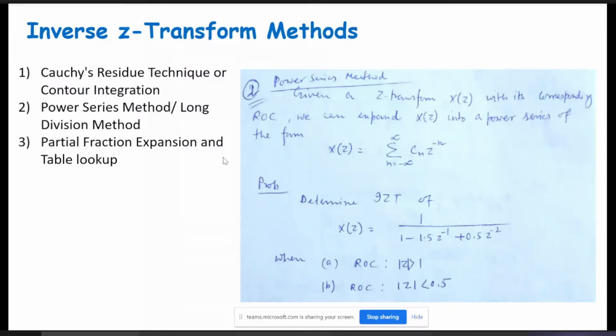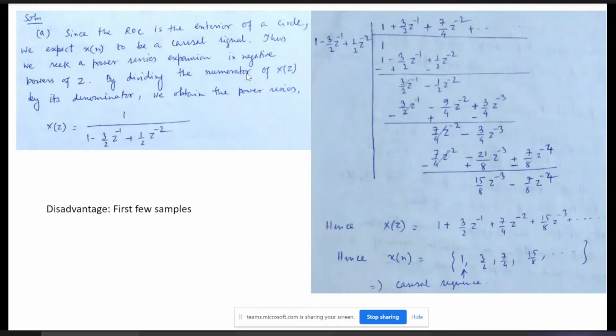Power series method: you just go through it, it is clearly explained. When you go through it, you will easily understand how these are used.